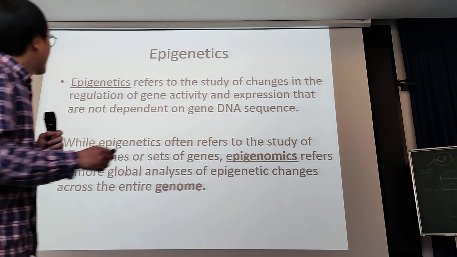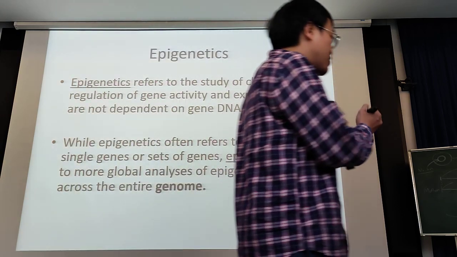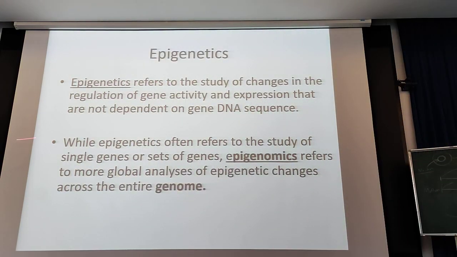Okay? So epigenetics is the study of changes in the regulation of gene activity. This regulation is not dependent on the sequence of DNA, but on environmental factors or lifestyle.